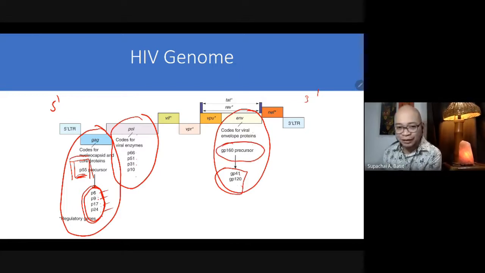So that's approximately 160. Okay, and how do we divide the precursor? It is also through another enzyme. So during the viral assembly, these enzymes will splice the main precursor proteins so that they are subdivided.